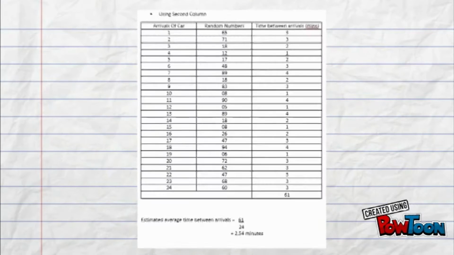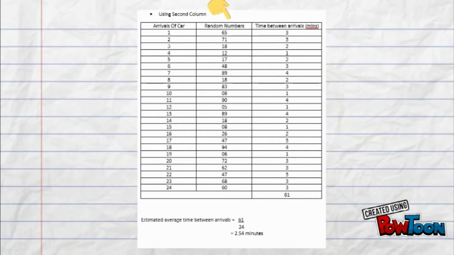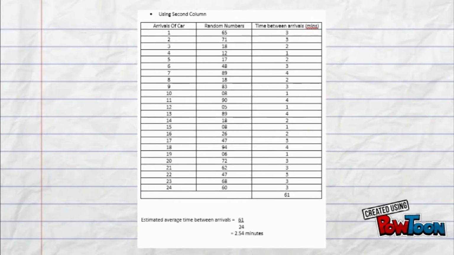First, we list down the random numbers from the second column, then choose the time between arrivals according to the range of random numbers that we have listed before, and then list the number of arrivals of cars. For example, for arrival of one car, the random number is 65. Therefore, the time between arrival is 3 minutes. This is because 65 is in the range of 46 until 85.